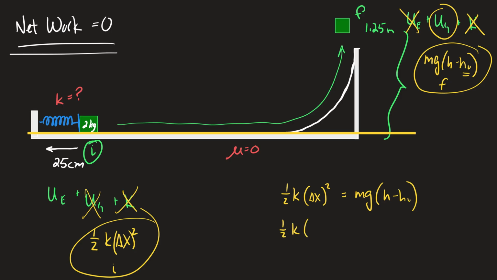Delta x is 25 centimeters, but I also gave this value in meters. What should we do here? Change it to meters. Yep, put it in meters. g is always going to be in meters, so this is the right way to go. That is equal to mg times h minus h naught, 1.25.